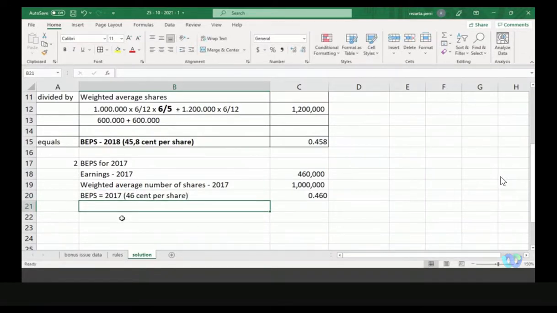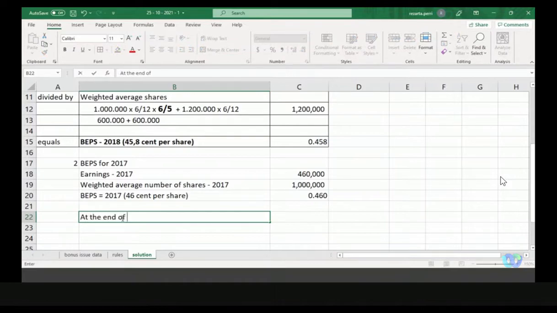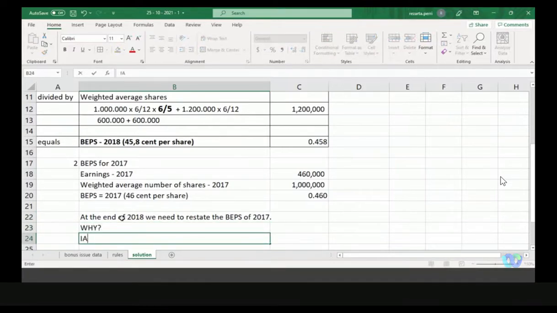Now at the end of 2018, we need to restate the basic earnings per share of 2017. Again, why do we do that? IAS 33 requires that if we issue a bonus, as we did during 2018, we apply that retrospectively.